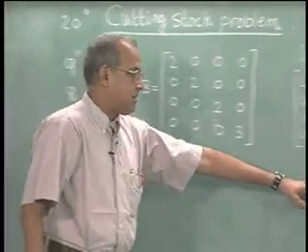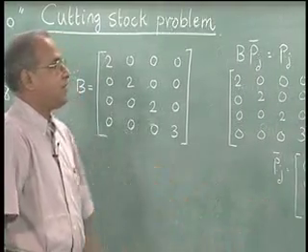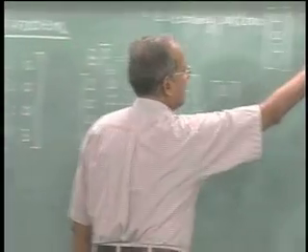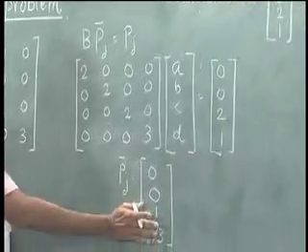Now, having found out p bar j, we now have to find out theta. Theta is always the right hand side vector divided by the corresponding element.